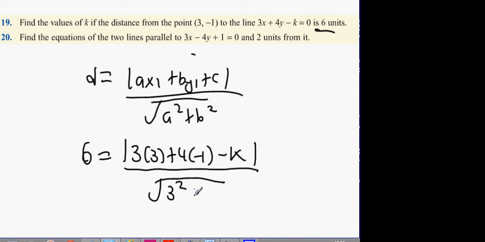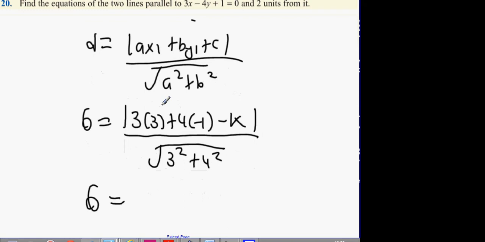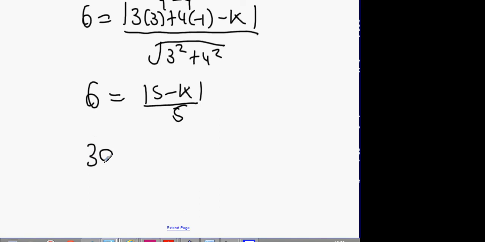So 6 equals 9 minus 4, so 5 minus k, all over the square root of 25, so 5. Cross multiply, 30 equals the modulus of 5 minus k.